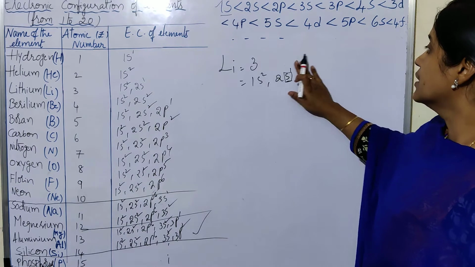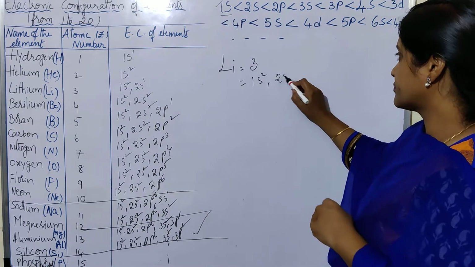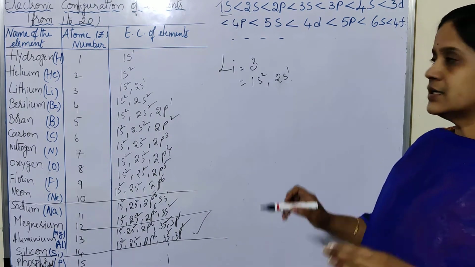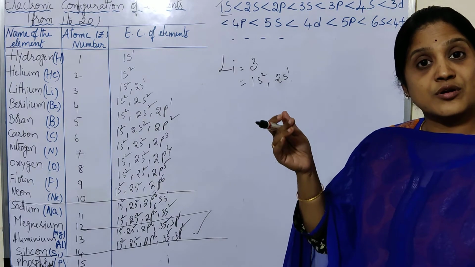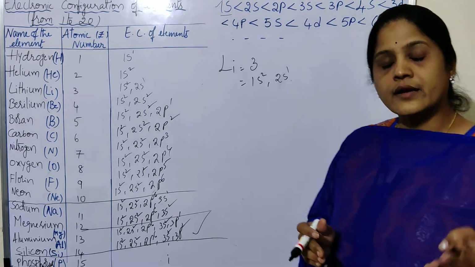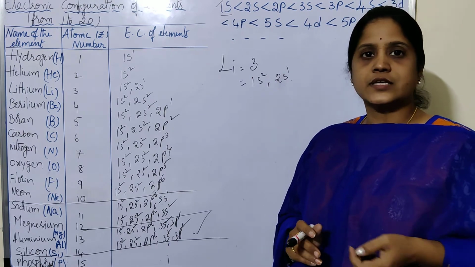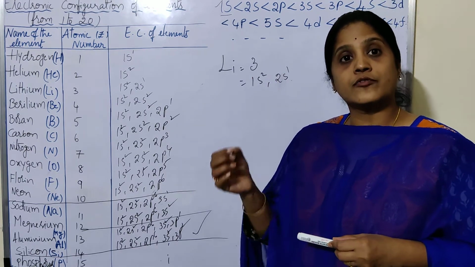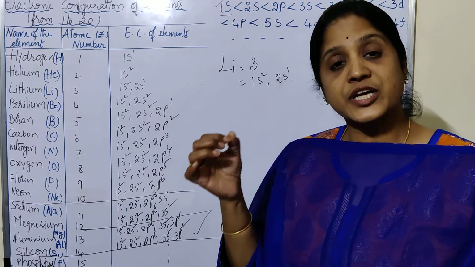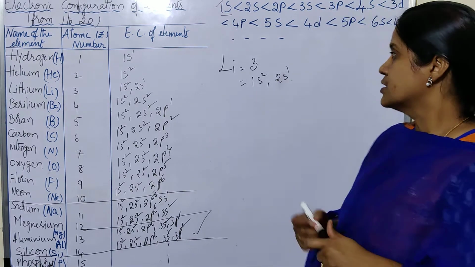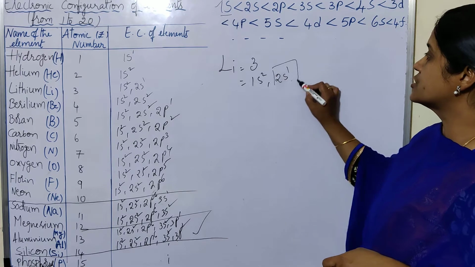Or sometimes they ask, write all the 4 quantum numbers of the differentiating electron of lithium. So the differentiating electron means this one.